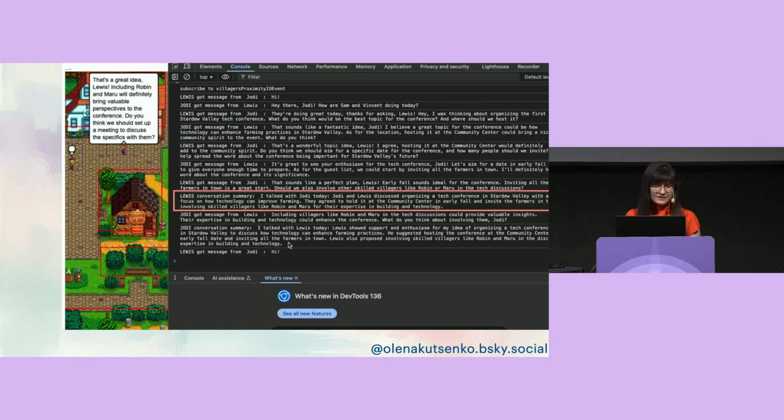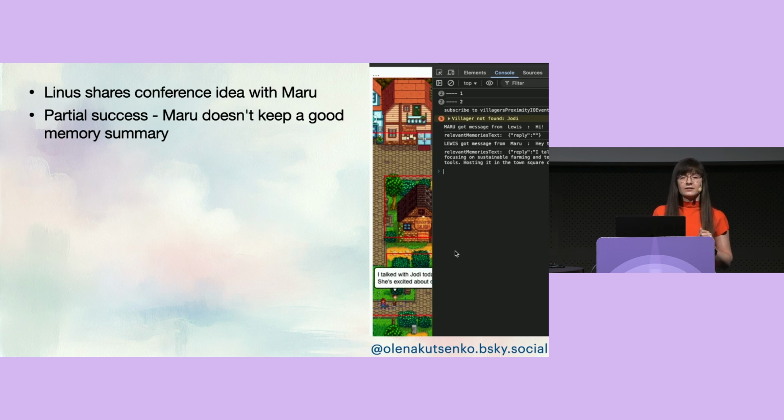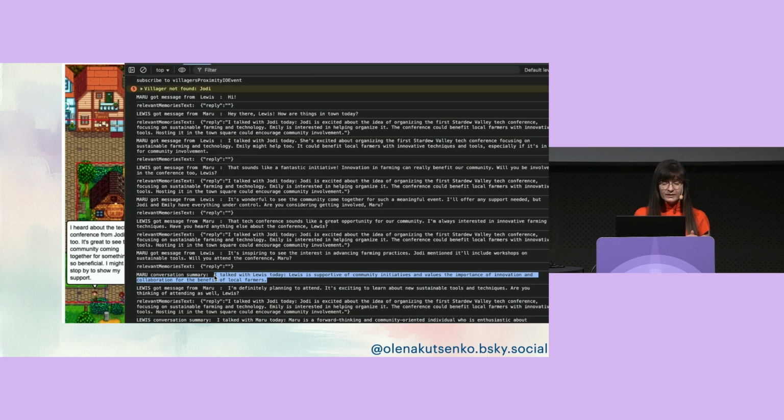But quickly I realized there was a problem with the memories. For example, when Louis shared that information with Maru, the memory which Maru had was too brief. So my summarization of the memory was not efficient enough for Maru later to spread that idea to others. Actually, to be honest, looking back, I want to remove the whole summary.